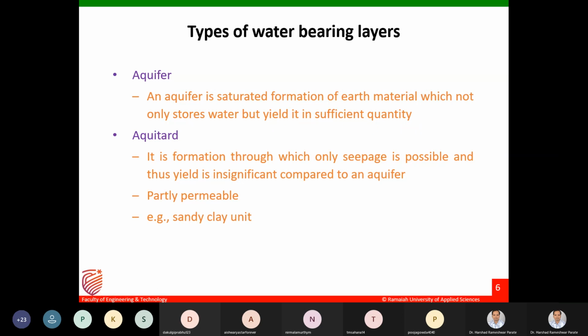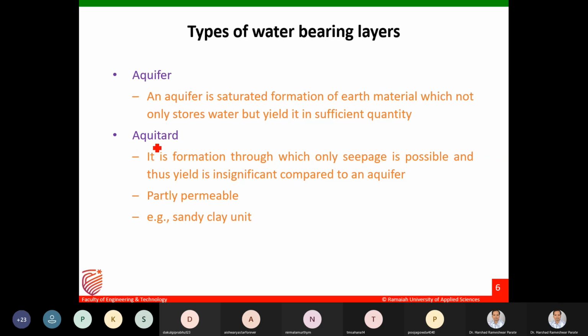It stores sufficient water in the voids, and when you dig a well in that aquifer you will be able to extract a sufficient quantity also. That means it stores and releases water in a sufficient quantity. That's the basic property of an aquifer.